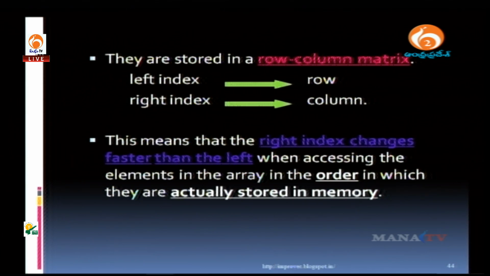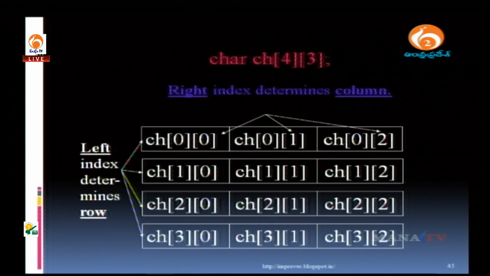The left index is treated as the row and the right index is treated as the column. This means that the right index changes faster than the left index when accessing the elements in an array, in the order in which they are actually stored in memory.